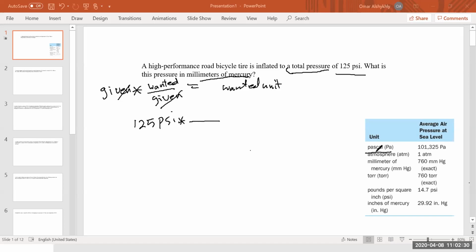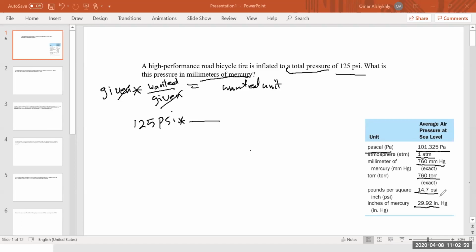So with the Pascal it will be 101,325 Pascal. Atmosphere, it will be 1 atmosphere, 760 millimeter mercury, 14.7 psi, 29.92 inch mercury.